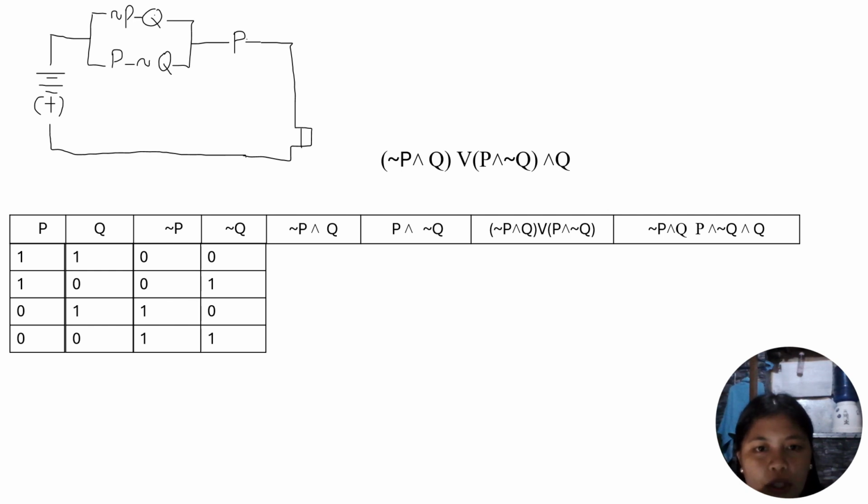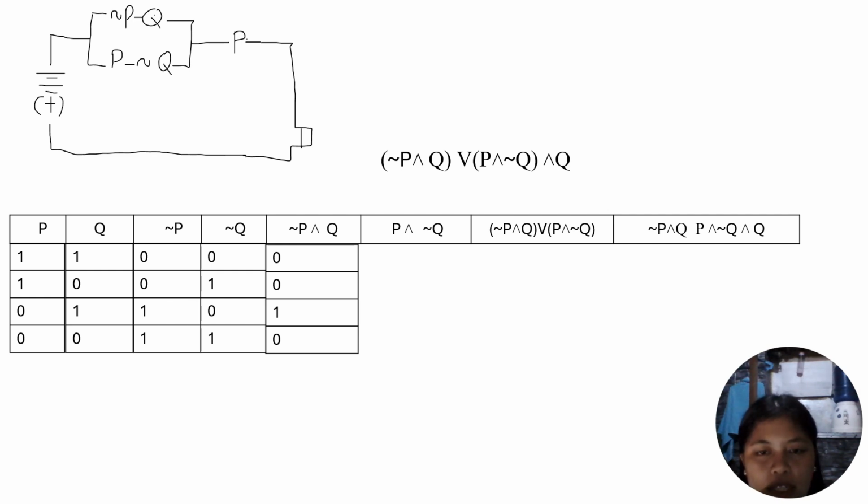So let's compare the negation of P and Q using the symbol of conjunction. Negation of P and Q: 0 and 1 is 0, 0 and 0 is 0, 1 and 1 is 1, 1 and 0 is 0. So the answer for negation of P and Q is 0, 0, 1, 0.